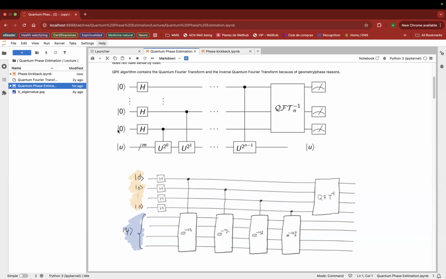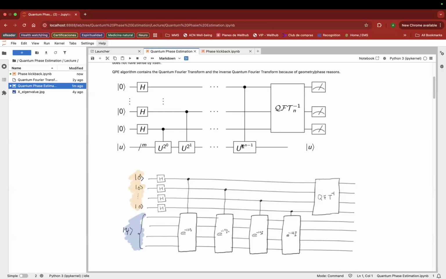So here is how the quantum phase estimation algorithm works. Here we have the control qubits. We initialize the system, meaning that we apply Hadamard to all of them. At the bottom we have the target qubit, which we prepare in one of the eigenstates of the operator whose eigenvalue phase we want to extract. Then we apply the controlled operator quantum gate. Why do we apply this gate so many times?